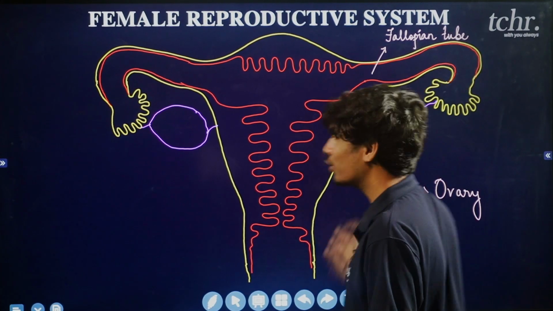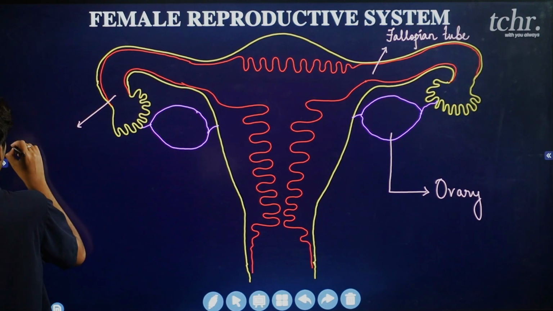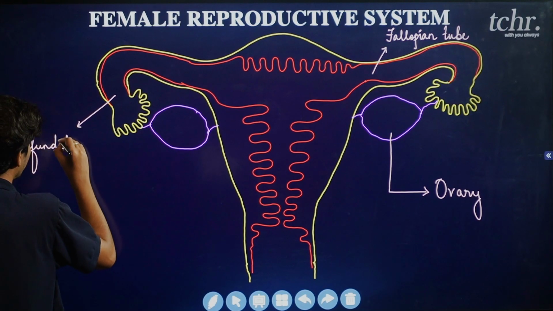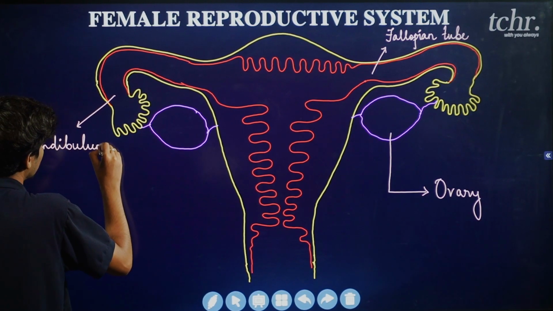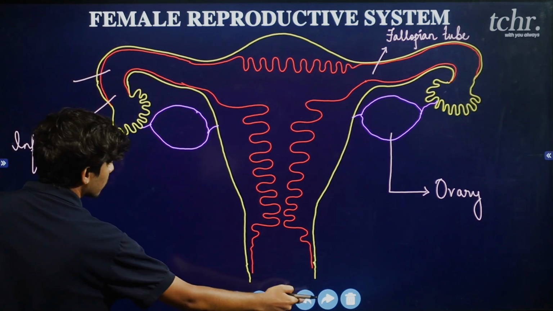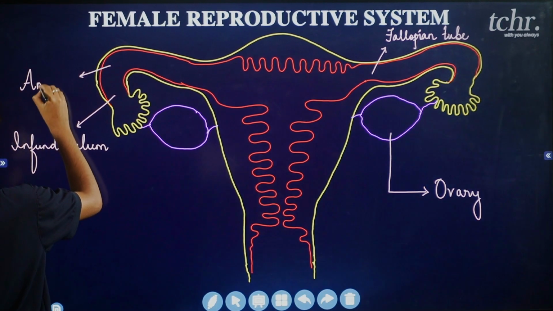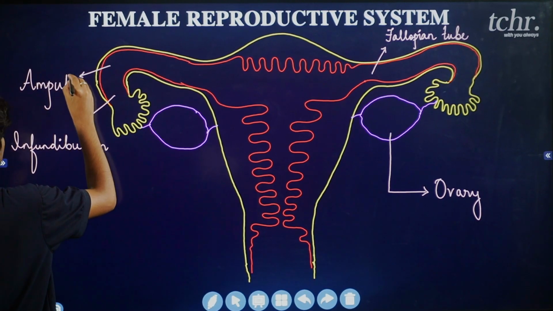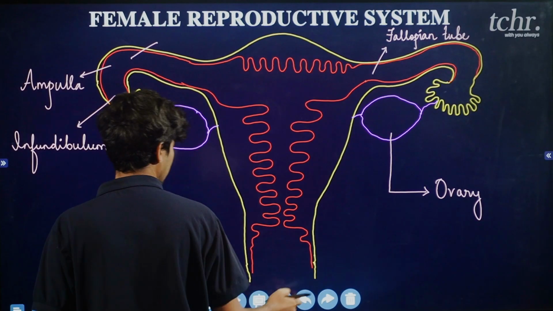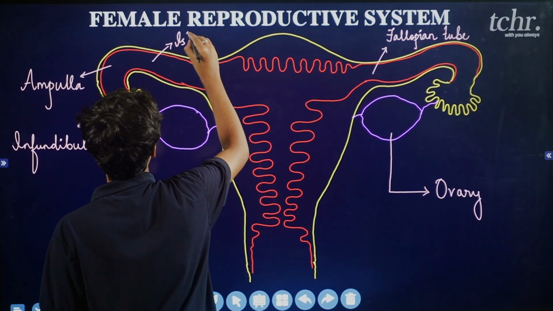And this fallopian tube has three major regions called infundibulum, ampulla, and the isthmus.